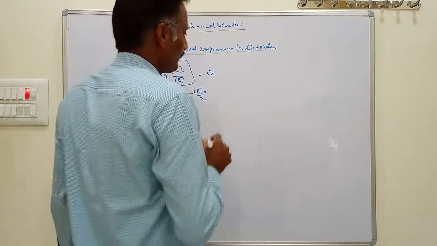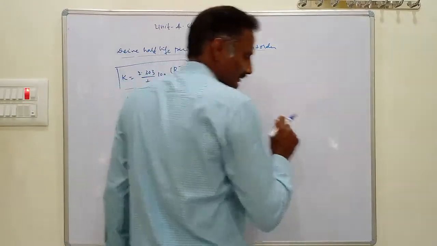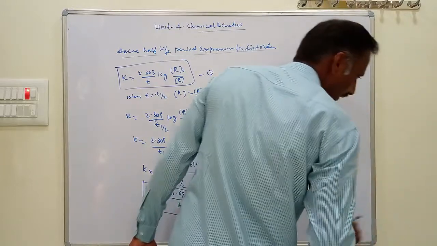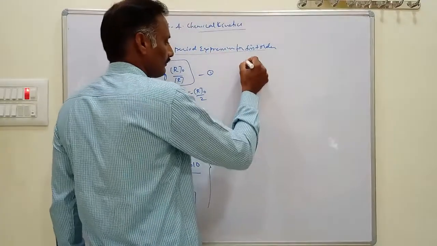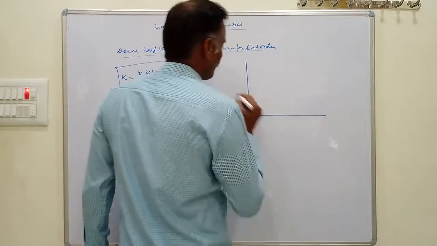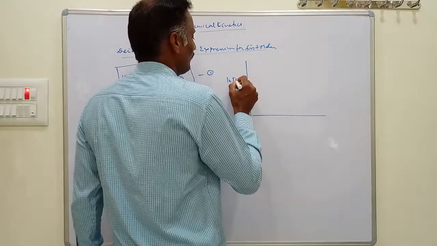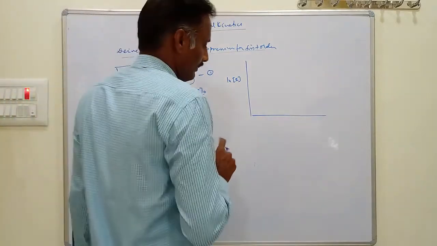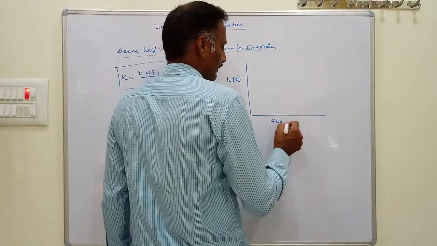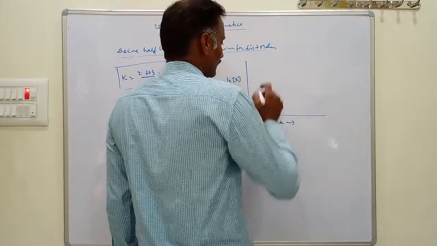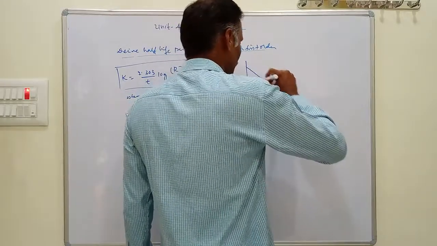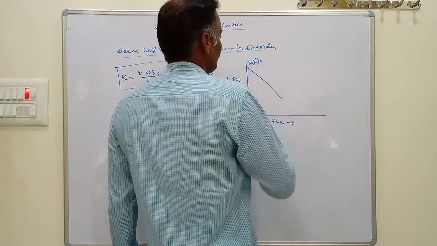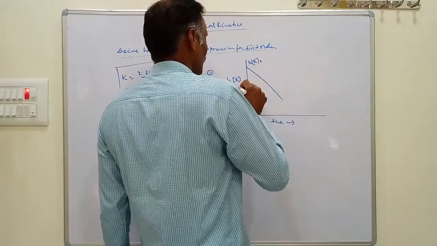If you draw a graph of ln R versus time, you will get a straight line like this. This is called ln R naught, the initial concentration.